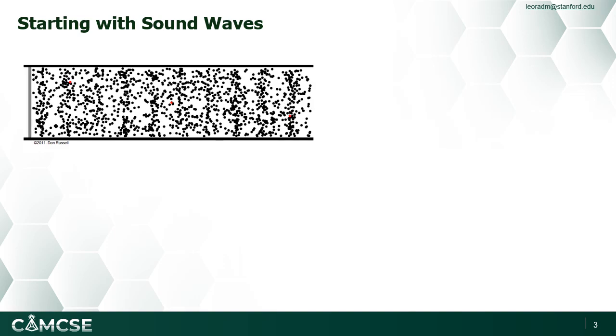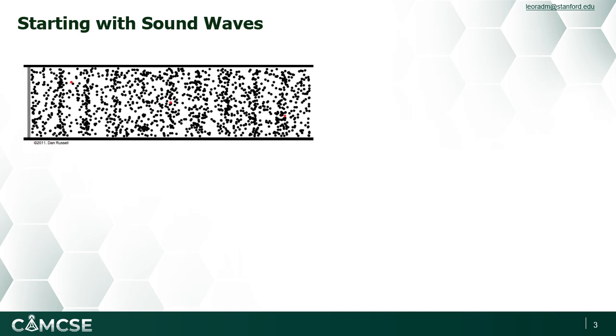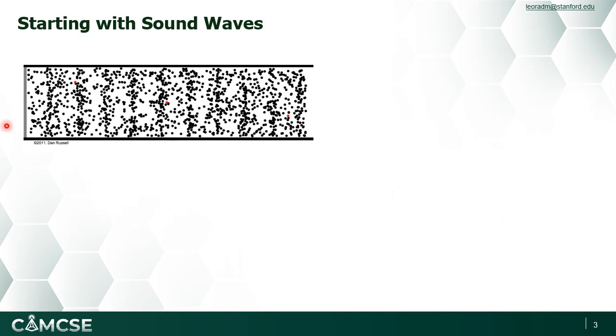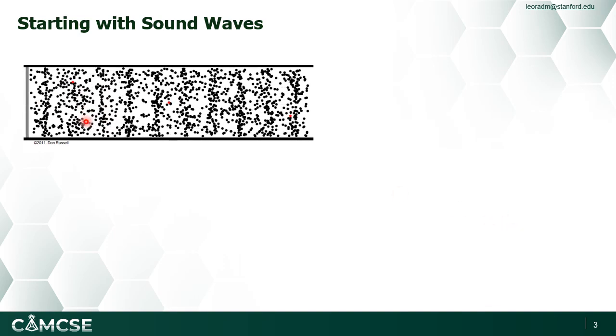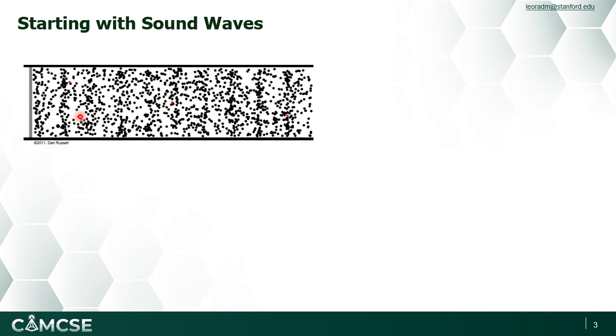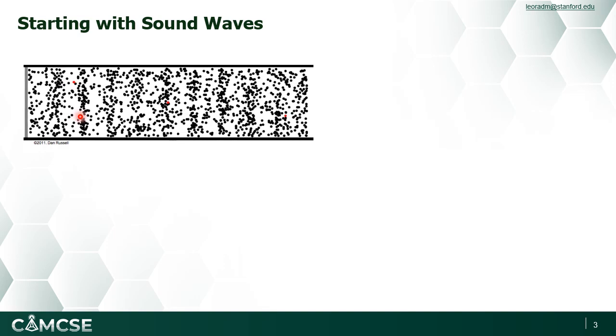To understand shocks, we can start with perhaps one of the more relatable versions of these systems, starting with a classical sound wave. So a sound wave, as some of you may be familiar with, is a wave that propagates through the air surrounding us, or through the particle materials that surround us.